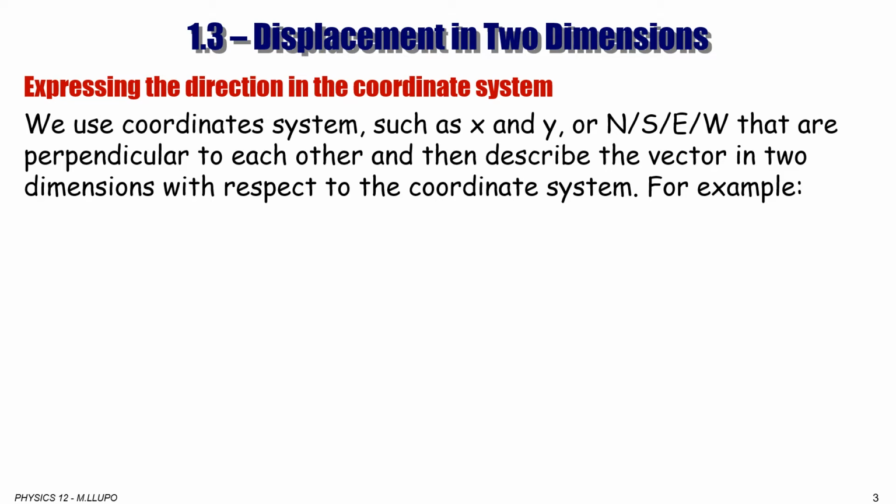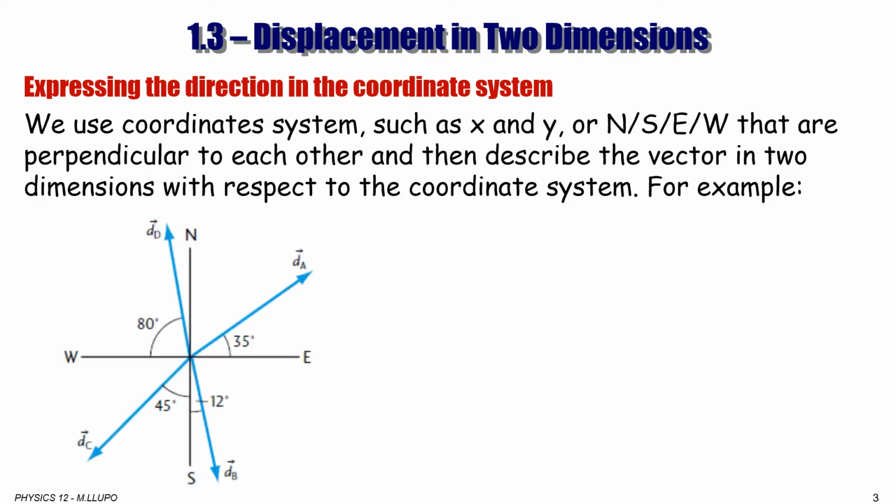For example, here is a coordinate system, north, south, east, west. They are perpendicular to each other, and each of those quadrants has a 90-degree angle.